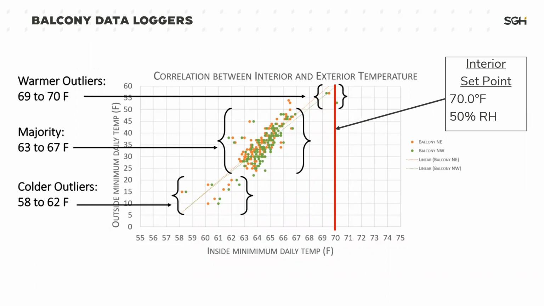They're all in the range of 62 to 67 degrees Fahrenheit. And this is common. We see our near glass temperatures are usually not at the interior set points, but this is an important thing to note for modeling, because we can't always assume that the set point is what the actual interior temp and RH are at the window location. So we need to keep those things in mind.